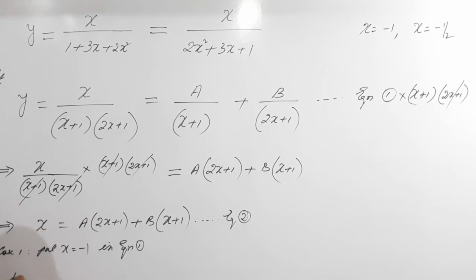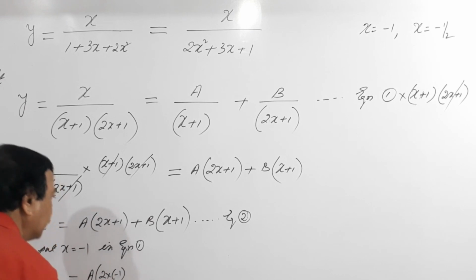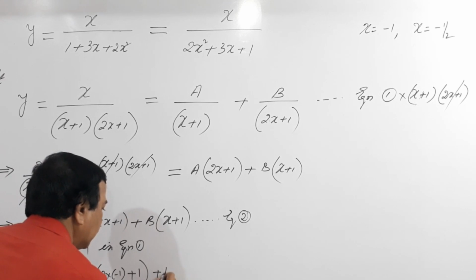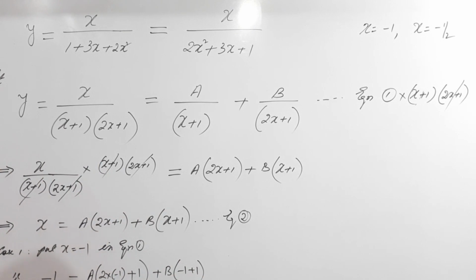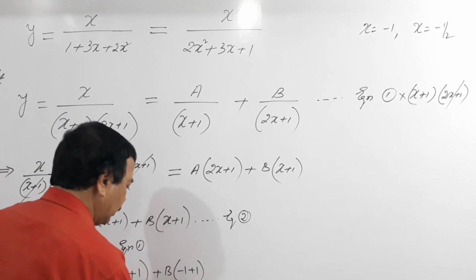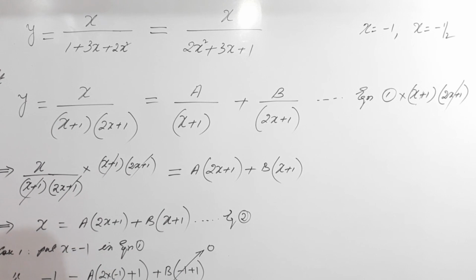This is 1 equals to A into 2 into minus 1 plus 1 plus B into minus 1 plus 1. Minus 1 plus 1 becomes 0. So the entire thing becomes 0 on the right hand side.